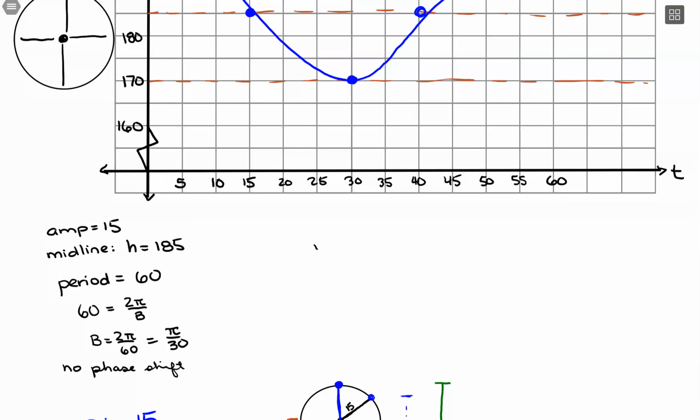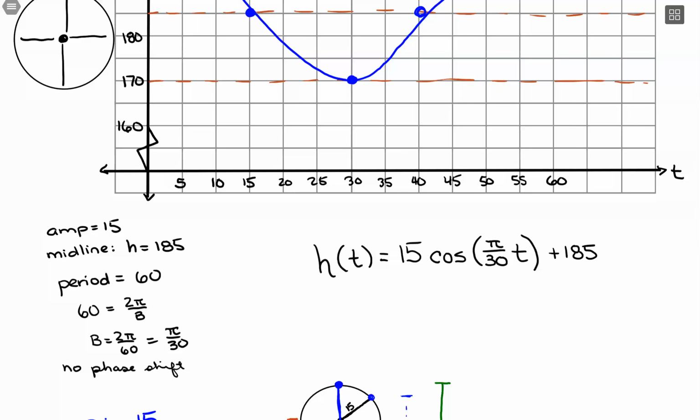So with that, h of t, I'll have my amplitude of 15, I'll have a cosine function, b is pi over 30, times our variable t, close those parentheses since there's no phase shift, and then get up to that midline of 185.